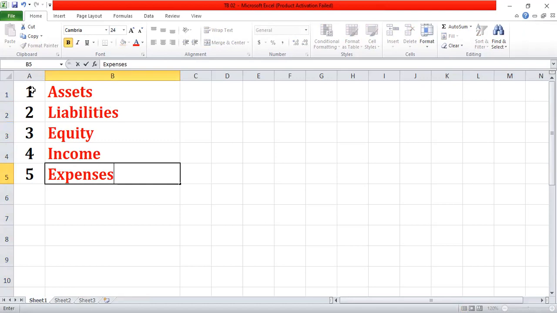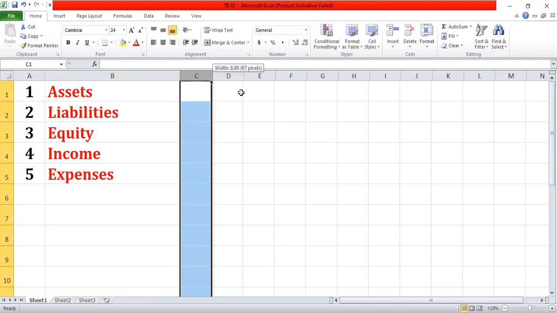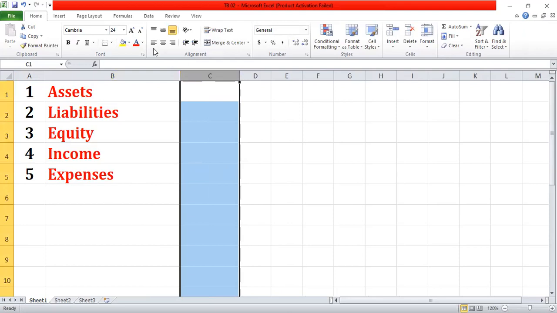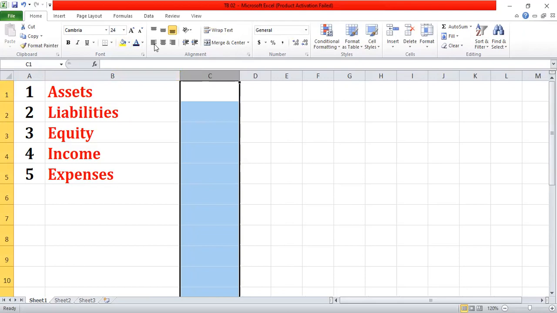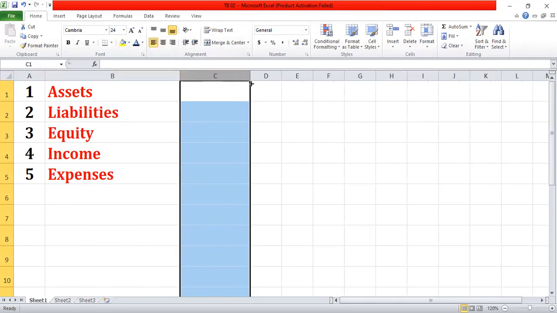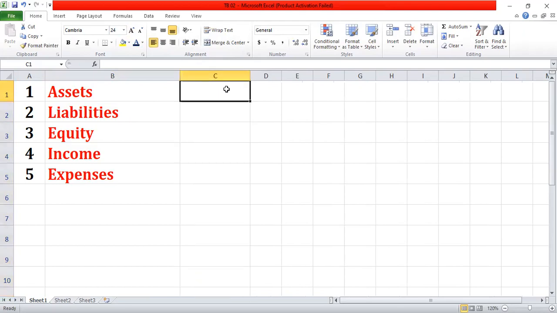When I was explaining these balances, I told you normally the balances of these ledger accounts are found on either the debit or credit side. The normal balance of assets is found on the debit side.